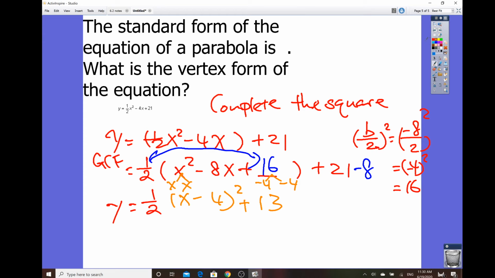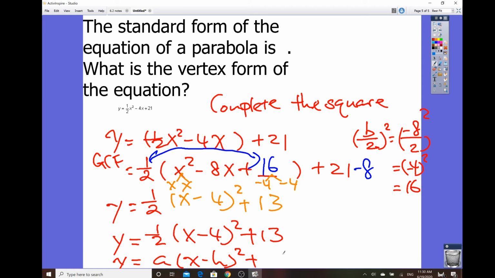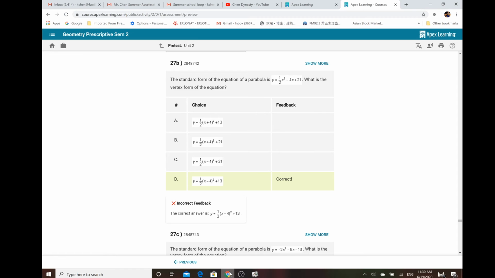Finally, the equation is in vertex form. y equals 1/2 times the quantity of x minus 4 squared plus 13. Compare and contrast: y equals a times x minus h quantity squared plus k. Now going back to that page, what we found here is D.